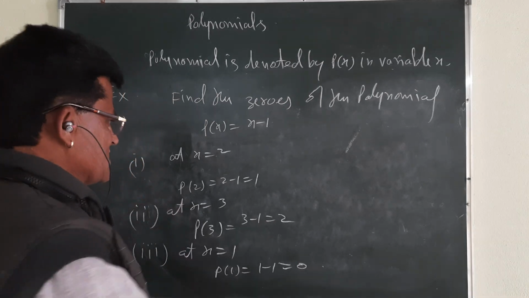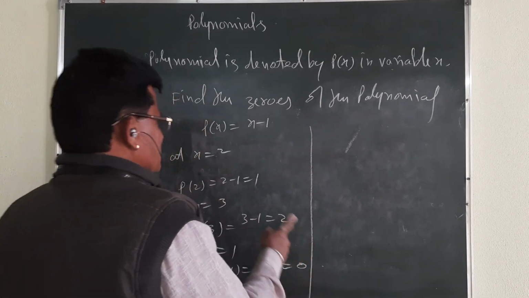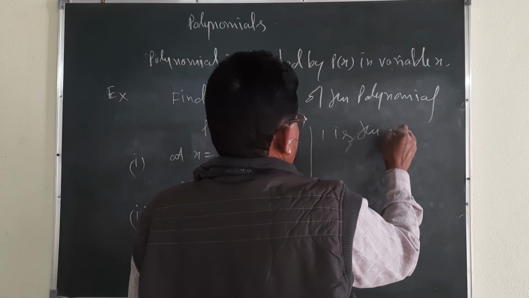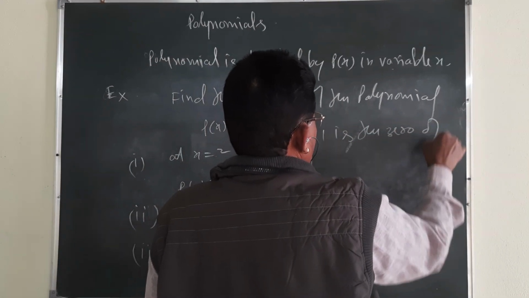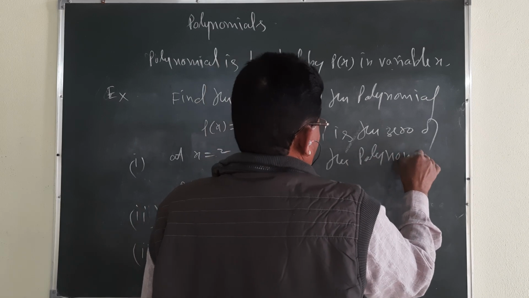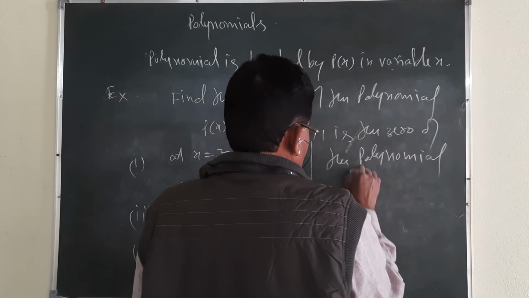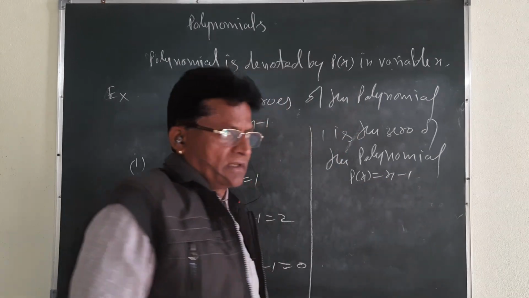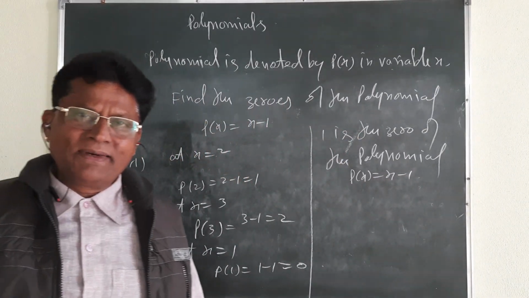Okay? That is why you must keep in mind, 1 is the zero of the polynomial P(x) equal to x minus 1. And 1 is a real number.